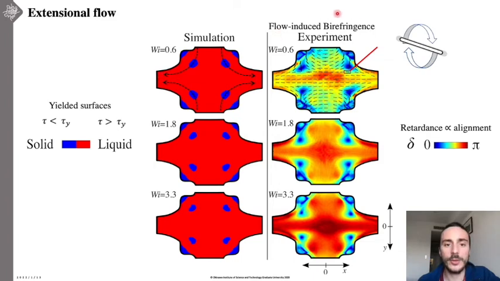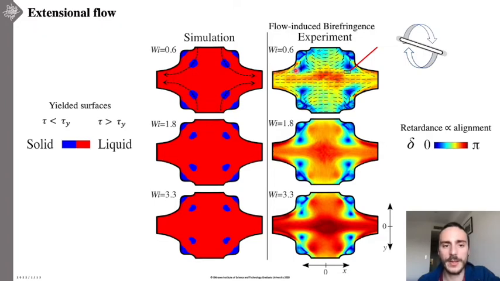And we use birefringence as a complementary experiment. In this experiment, the alignment of the rods is measured, the extent of alignment, and pretty much is given by this color code. And we see that when very high retardance or very high birefringence is present in the material, the model predicts that it is in the liquid state.